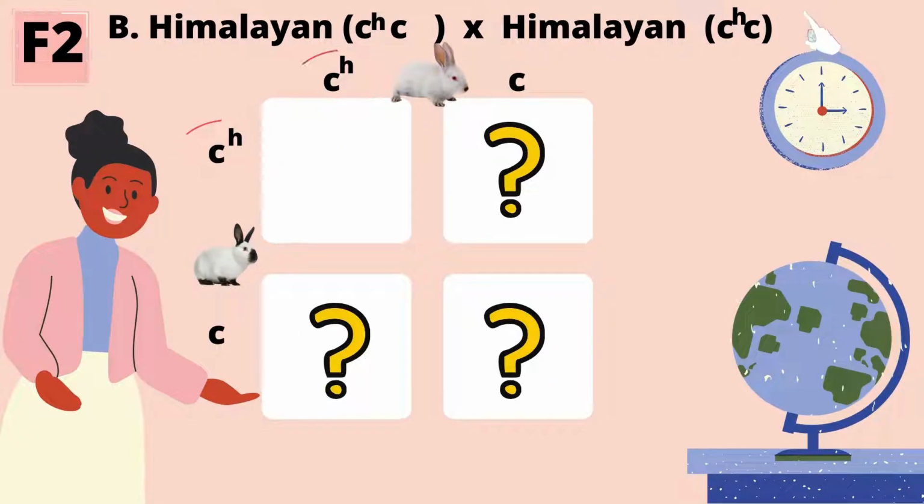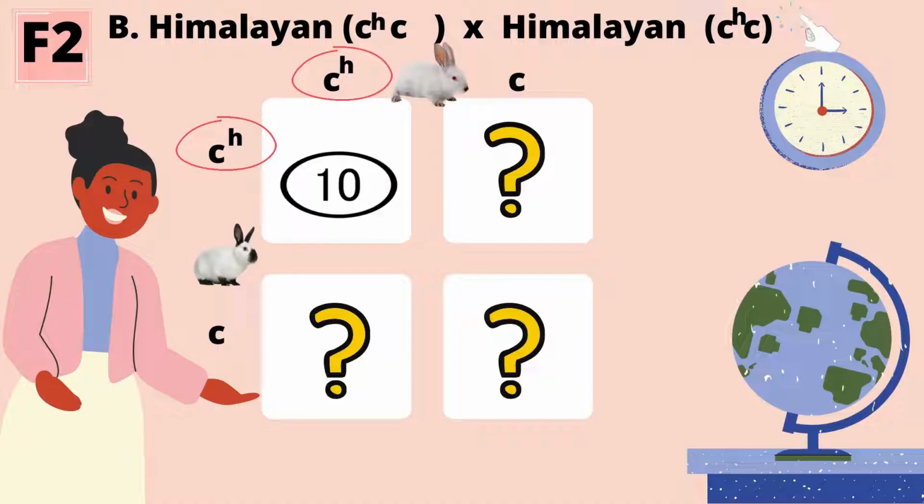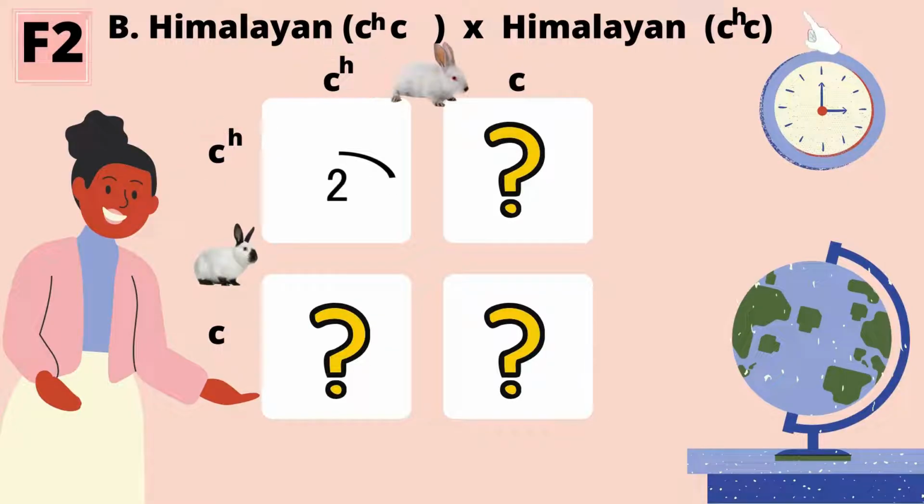It's your turn to solve for the first box or square. I'll be giving you 10 seconds. Timer starts now. The answer is lowercase c with superscript h and lowercase c with superscript h.